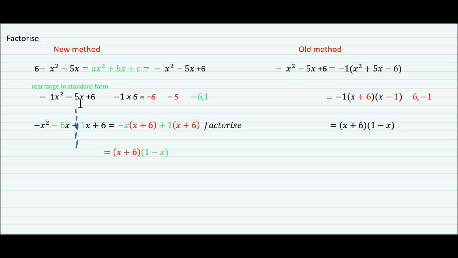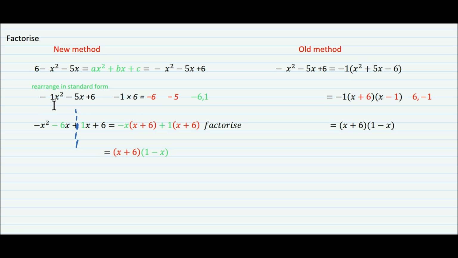Okay, so what you do is, again, you have this quadratic here, so you write it in the quadratic form. So again, remember there's a 1 in front of here, so I put the 1 here, minus 1x squared minus 5x plus 6. Now you say to yourself, what's minus 1 times plus 6? Minus 1 times plus 6 is minus 6.